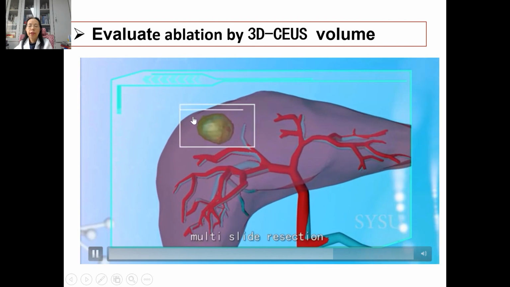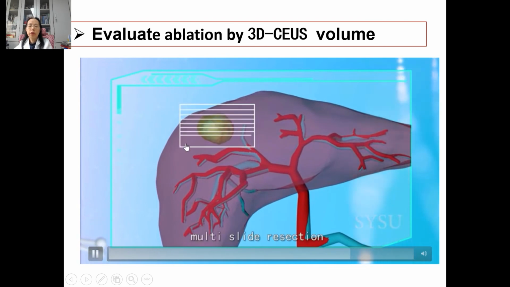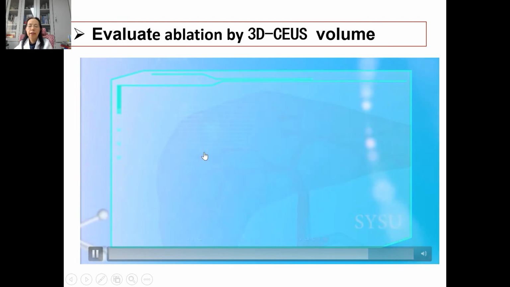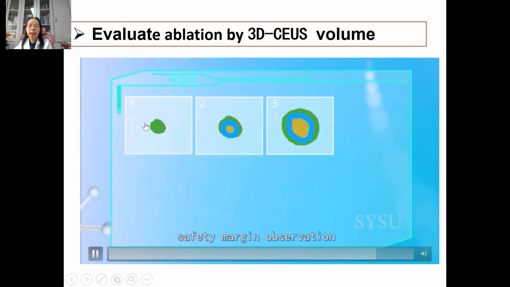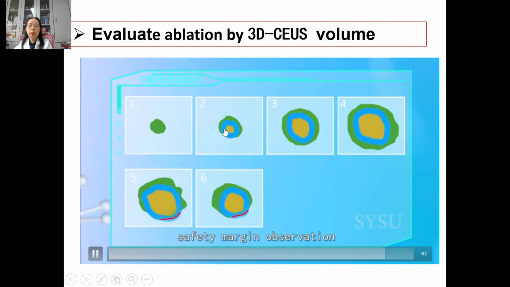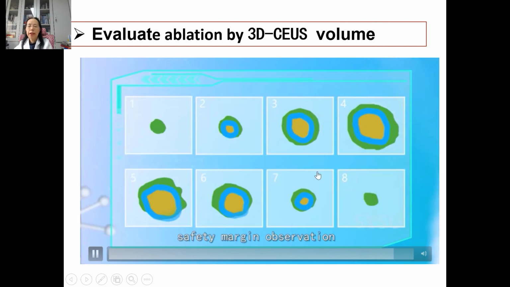Then we can get a local selection by multi-slice, so we can get the tumor safety margin, the MVL, and the MD slice. We can also find the insufficient safety margin here.